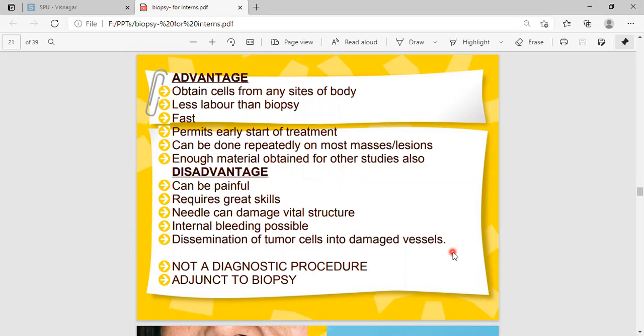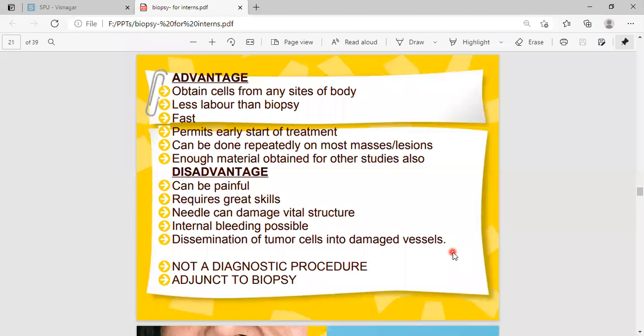But its disadvantages: it can be painful. It requires great skill. The needle can damage vital structures. Internal bleeding is possible when you are not aware of the anatomical landmarks or structures. There is always a chance of dissemination of tumor cells into the damaged vessels.